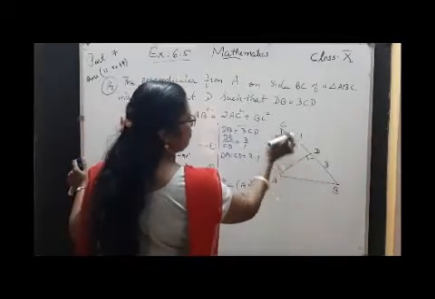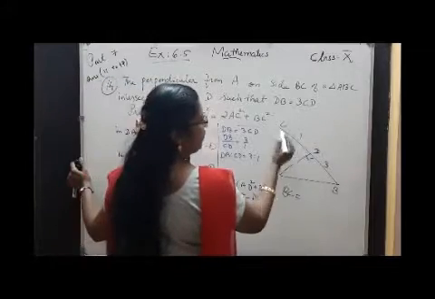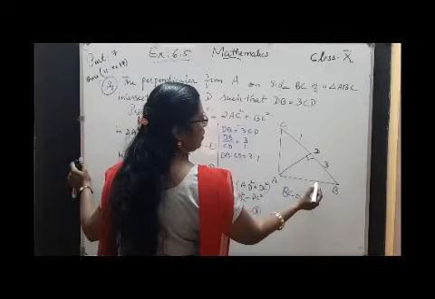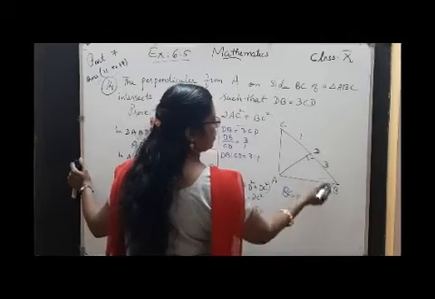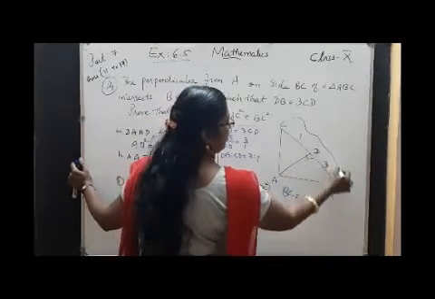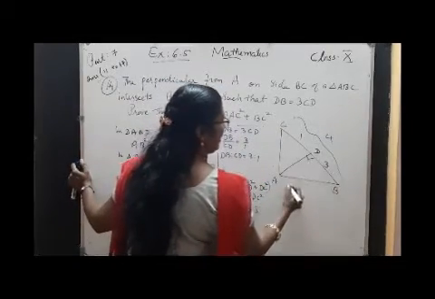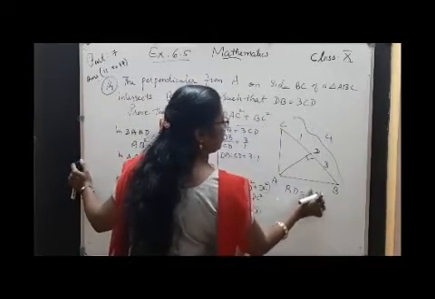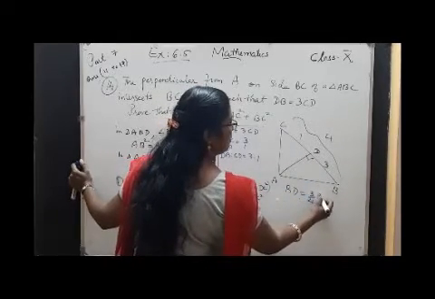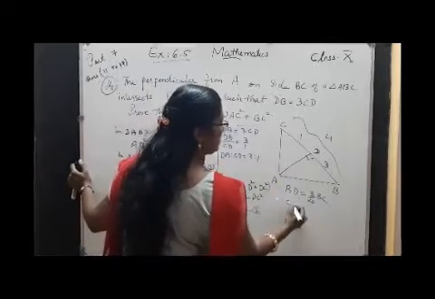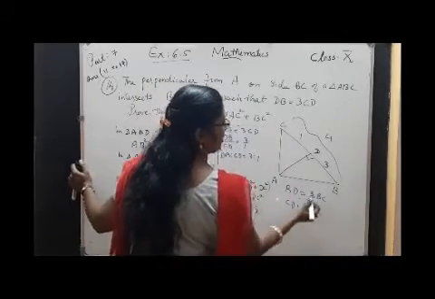What about BC? Here the total BC equal 4 parts. This is 3 plus 1, total 4. So we can write BD equal 3 by 4th of BC and CD is 1 part, 1 by 4th of BC.